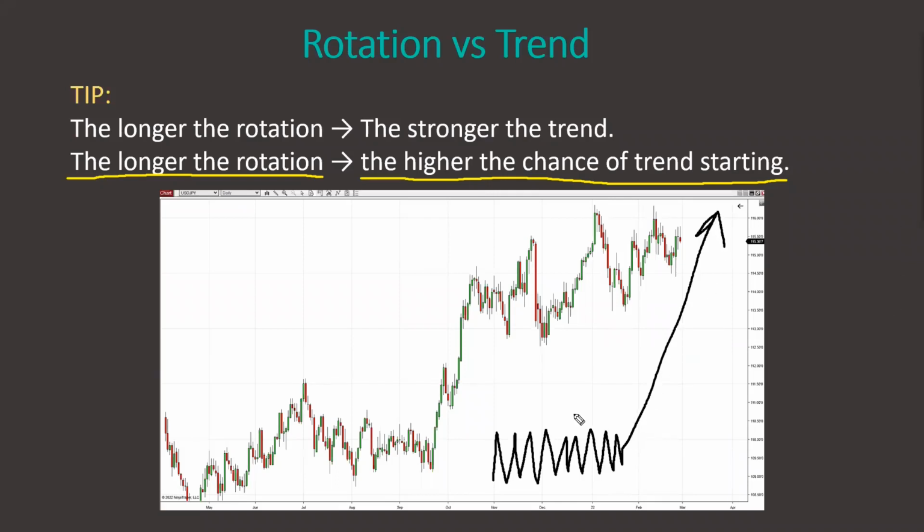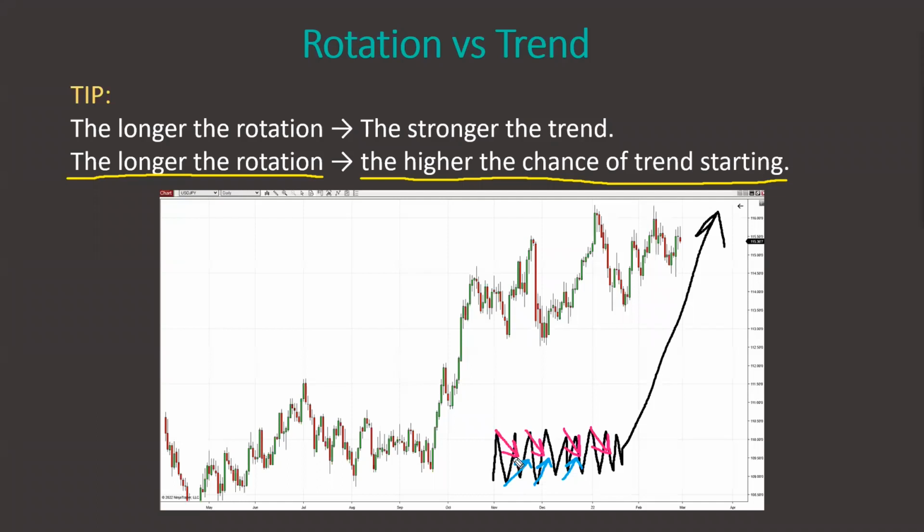Now, why I'm telling you this is that what a lot of people do is when they see such a price channel, they trade shorts from this area, right, towards the center of the rotation, and longs from the bottom of the rotation. They trade like this. And I do it as well. I have volume profile setup, which trades this. I have a VWAP trading setup that trades when there's a rotation like this.